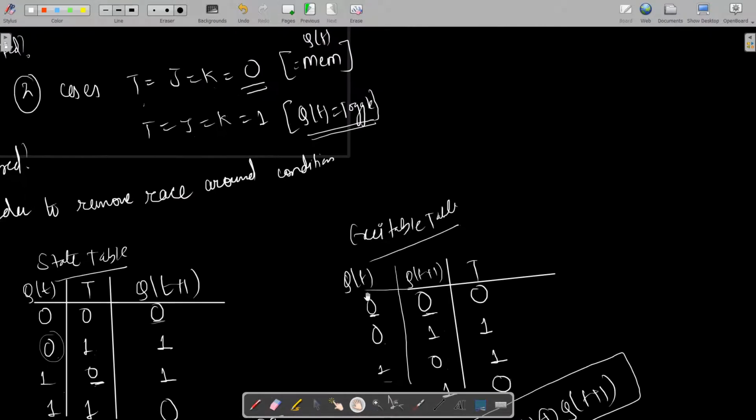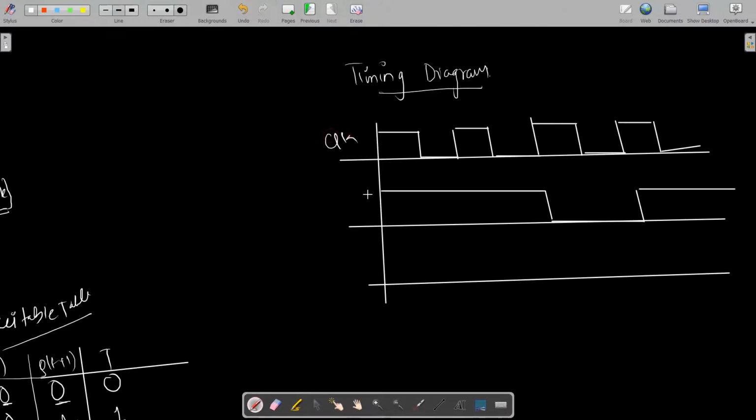Let us talk about the timing diagram. Say this is my input clock, this is my T, and this is my output Q of t. As it is negative edge triggered, for the falling edge the output will trigger, and for the positive edge it will hold the value. Imagine Q of t to be 0. Till here, it will follow the previous state, that is 0. When T is 1, it will toggle the case. That means 0 becomes 1, till here.